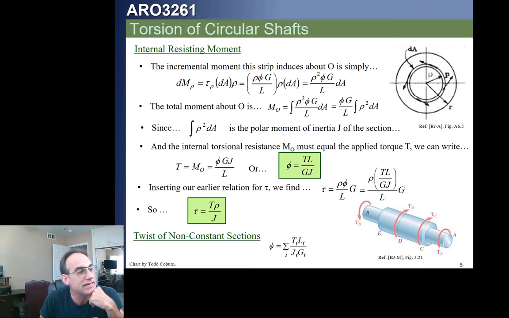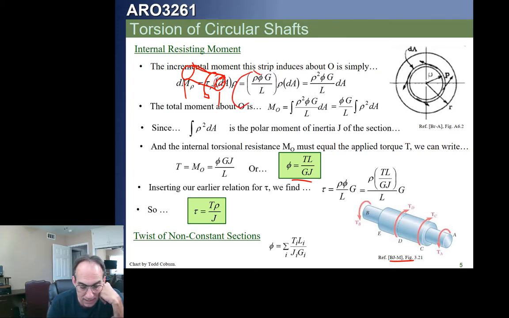If you imagine we break this into a series of pieces, this structure consists of a cylinder like this, which has a torque applied from end to end. We can calculate the angle of twist of that, TL over GJ, where this is its length, and its J is based on its size.